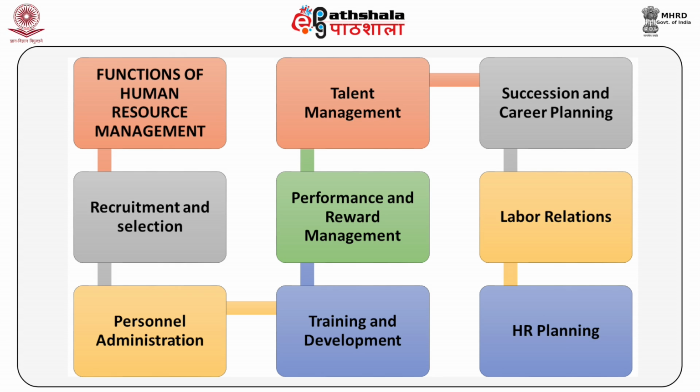Next is succession and career planning. This is a process for identifying and developing internal people with the potential to fill key business leadership positions in the company. The next function of HRM is labor relations.